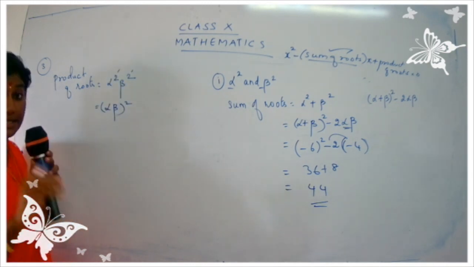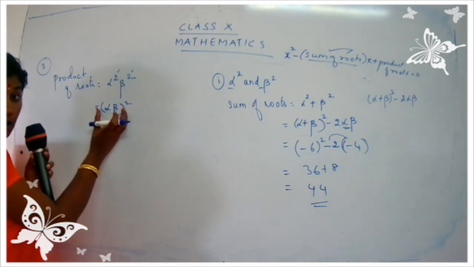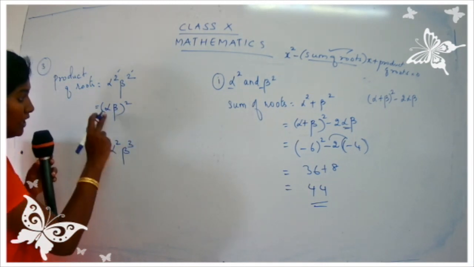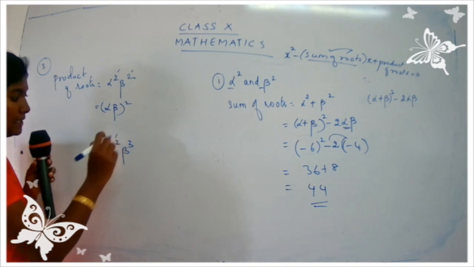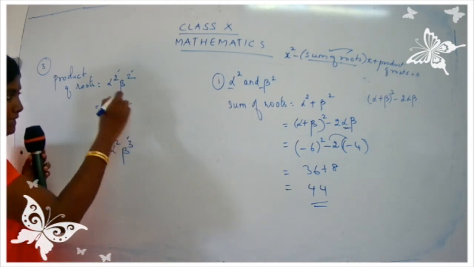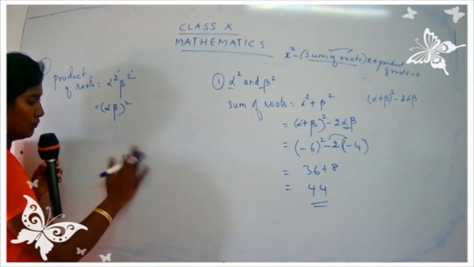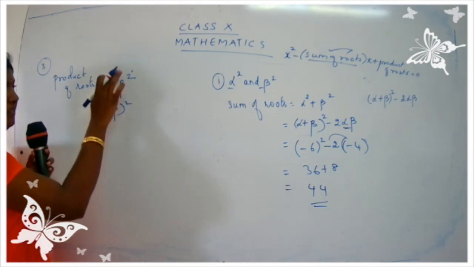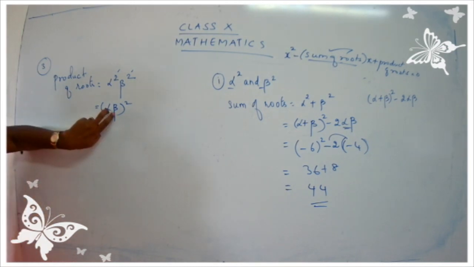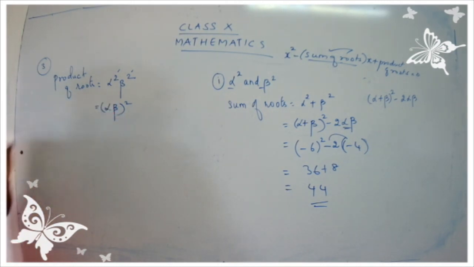Because both the powers are same. So we are taking the power common. If you have alpha square and beta cube, we cannot write in this form because here the power is 2 and here the power is 3. So we cannot write out in a common form. So do not do for these cases. But if you have the power same like alpha square or beta square, you can take them together. So alpha beta the whole square.